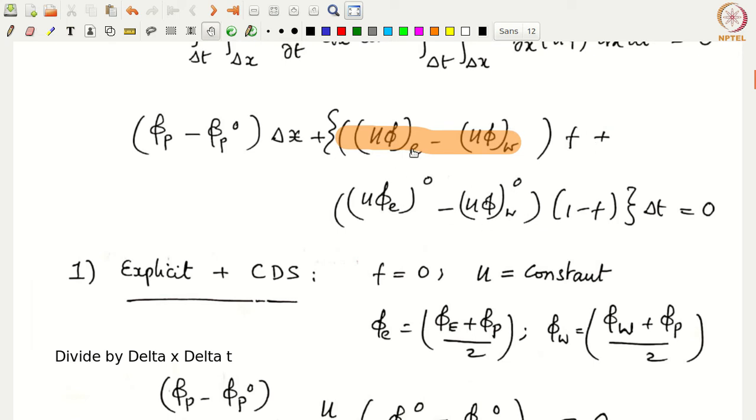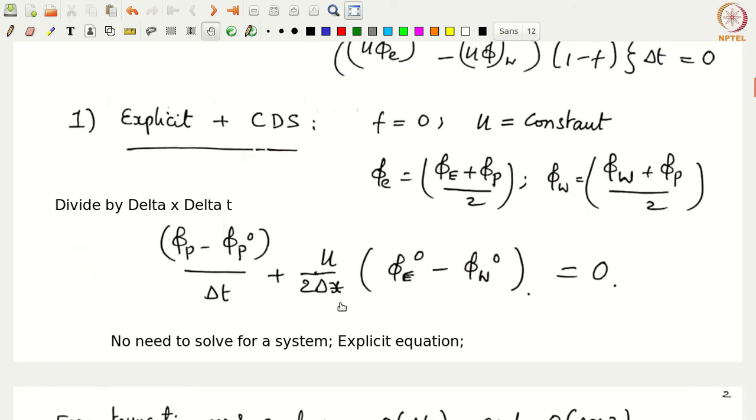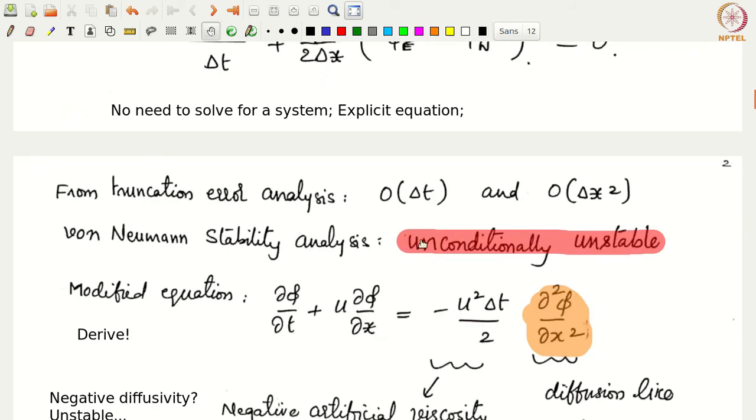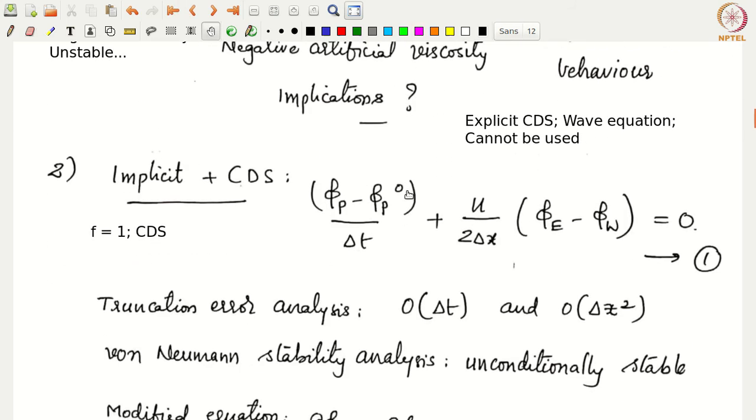So all our values are now evaluated at time level 1, or at delta t. That is the only difference, so we get rid of these superscripts here. As a result, our discretized equation reads as Vp minus Vp0 upon delta t, where again we are dividing everything by delta x and delta t, plus u upon 2 delta x times phi capital east minus phi w. These are evaluated at the current time level.